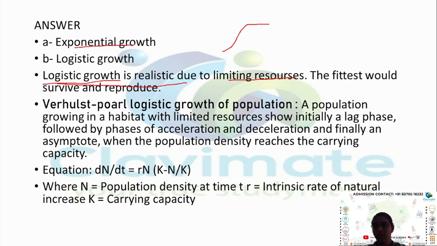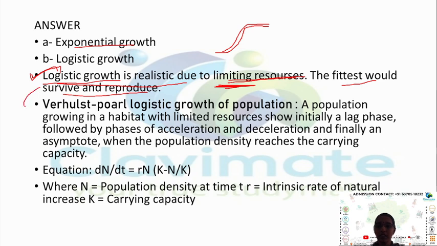It's not possible for a habitat to have unlimited resources. The resources will deplete, they are limited. That's why logistic growth is realistic, that is, it is accepted. Due to the limiting resource, the fittest will survive and reproduce.